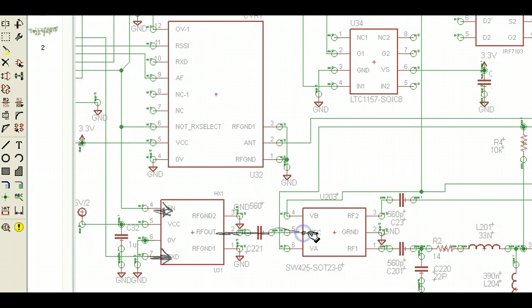Think of it as a single pole double throw switch. Let's take the most straightforward path to the antenna: when you have a high on this port, VAB, and a low on this one, and these ports need to be orthogonal, and they are driven from the push-to-talk, RF proceeds out of the radio from this port to this port and here. Let me switch back and get my mouse control again, and move us over.